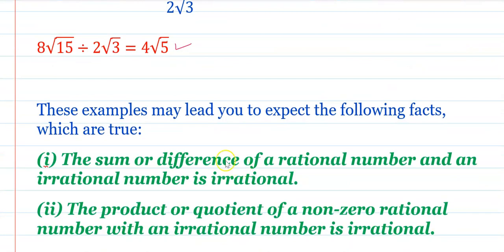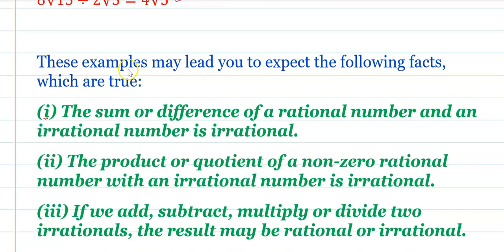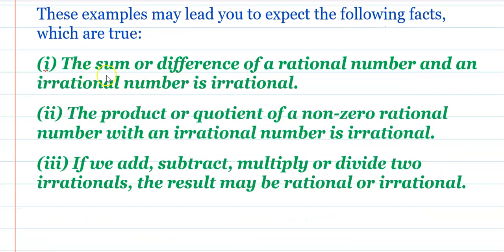Now the next. These examples may lead you to expect the following facts which are true. The sum or the difference of a rational number and an irrational number is irrational.